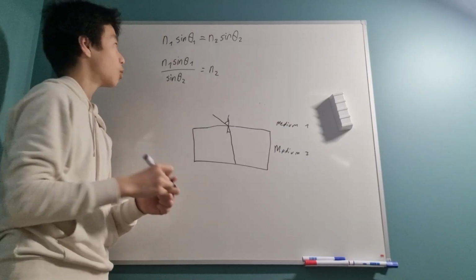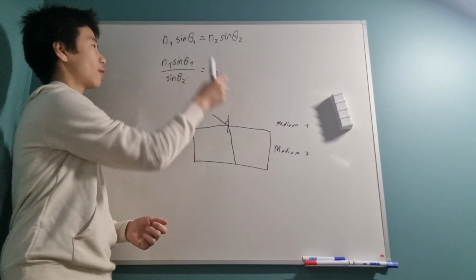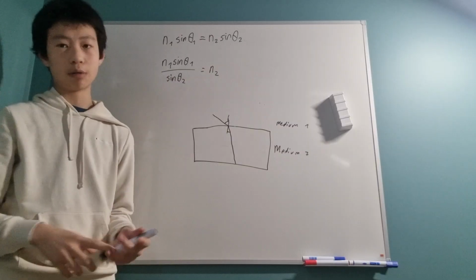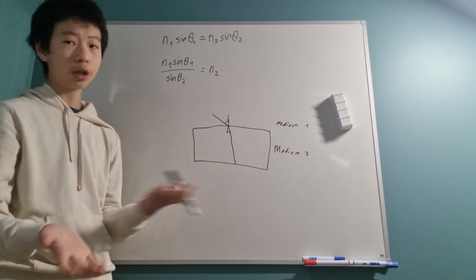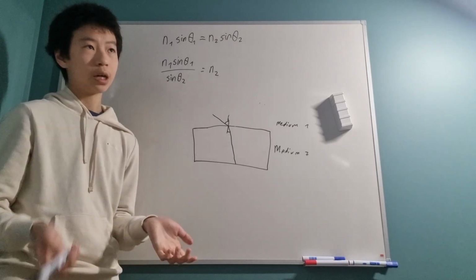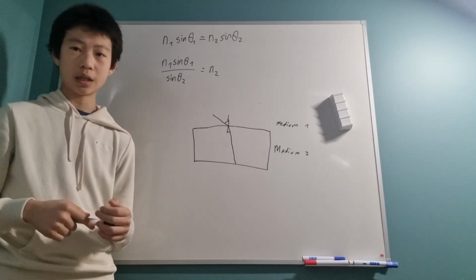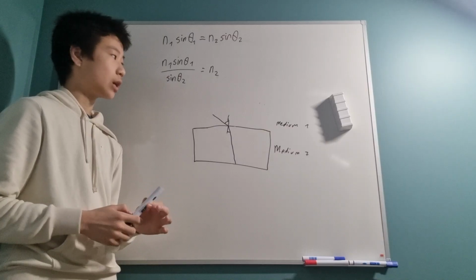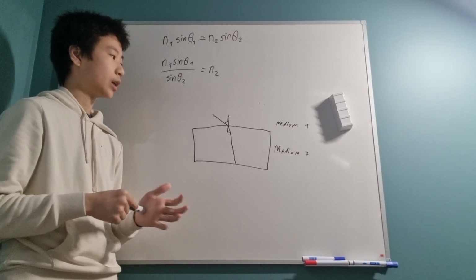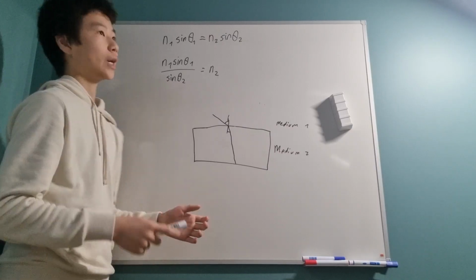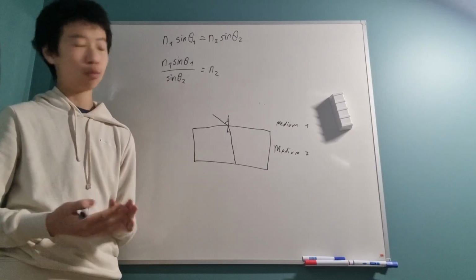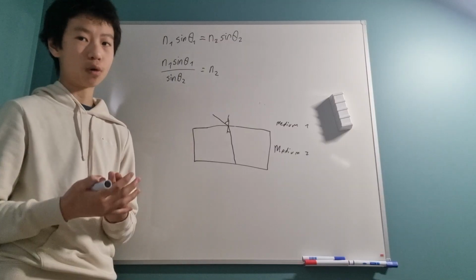Now, once you use this formula, you can find out what the refractive index of the second medium is, and this can be done in other ways to find other unknowns. This is very useful because with Snell's law, you can find out four different things.